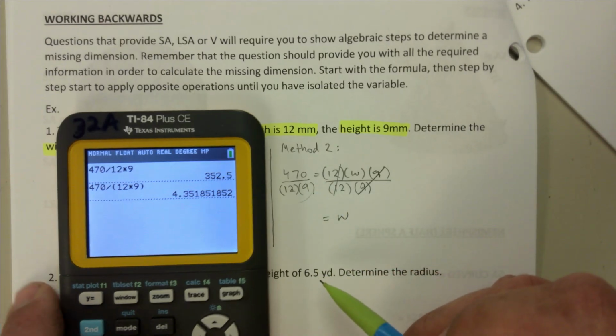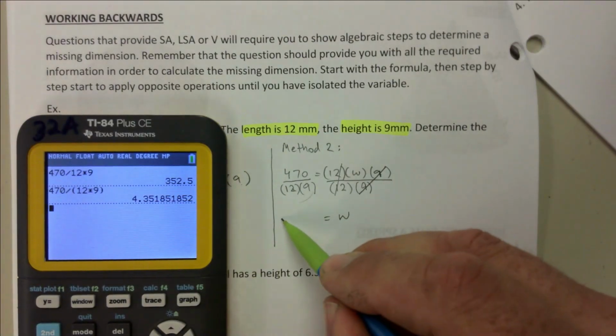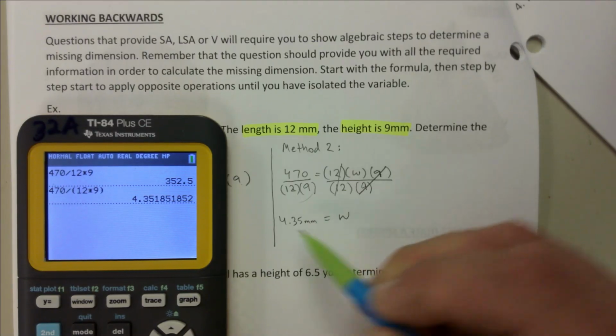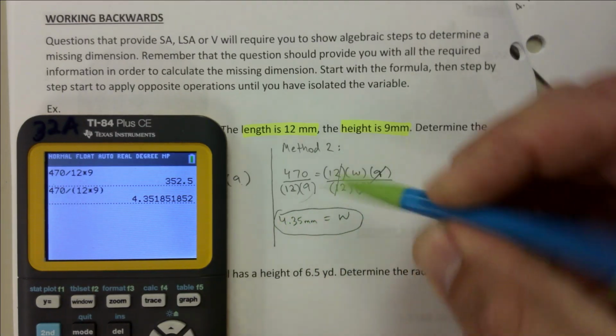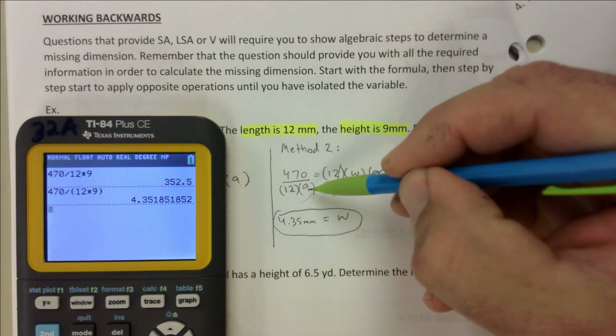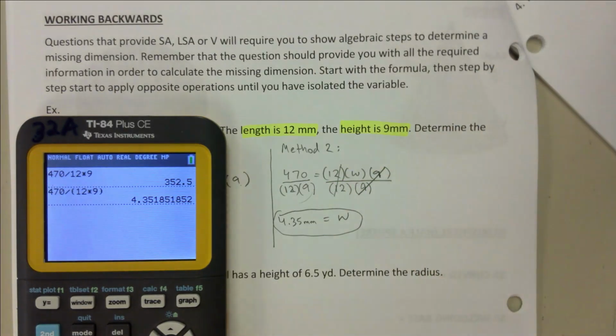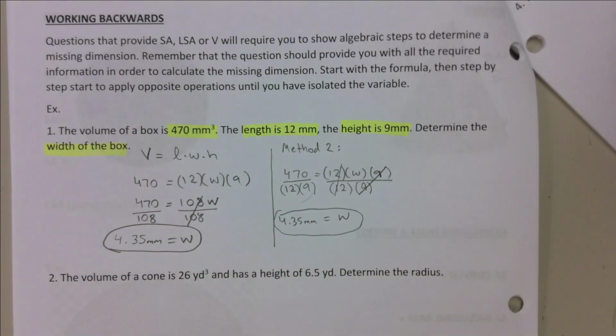Then you get the same answer as before. Because if you go 470 divided by 12 times 9, it thinks that the 9 is up here multiplying. That's not the case. So keep that in mind.